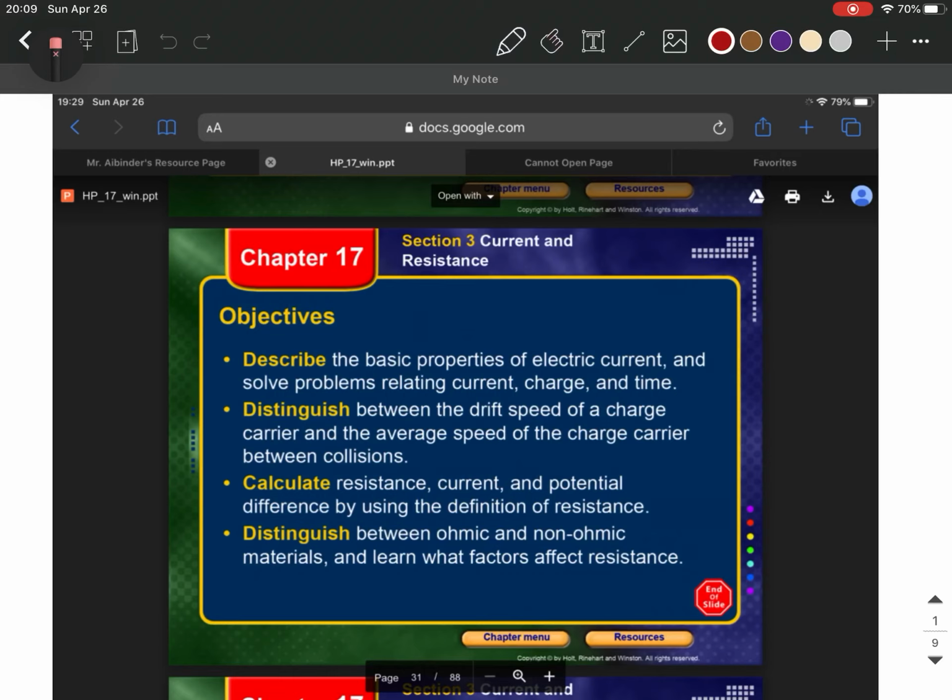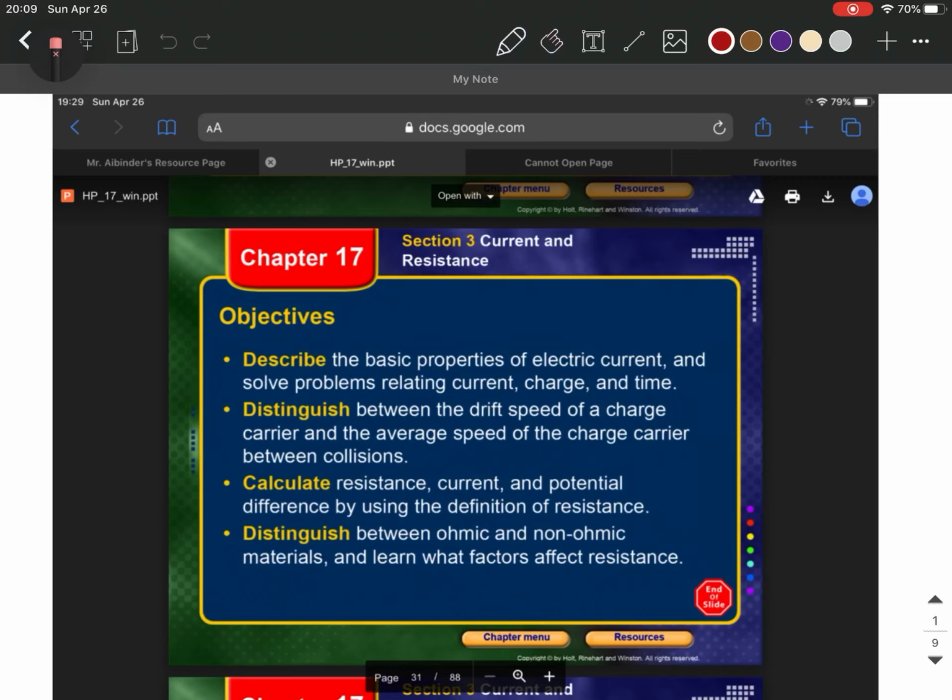Today we are going to be covering section 17.3, current and resistance. So this is additional to what we already did. We already did 17.1. Everybody open up your book.